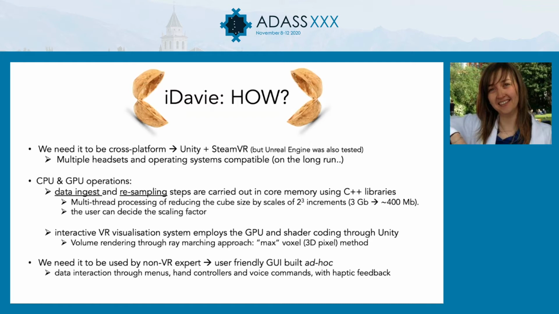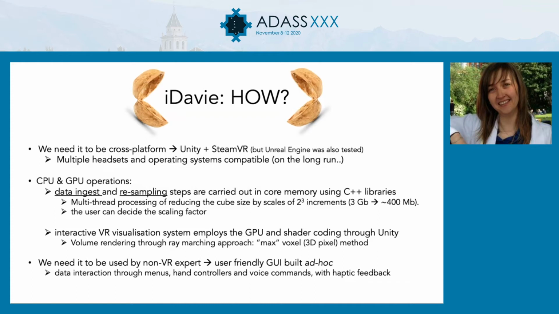It implements both CPU and GPU operations in hopefully a clever way to optimize efficiency. The data ingestion and resampling of the data is developed in core memory using C++ libraries. It needs to do resampling in most cases, because to improve efficiency when you deal with big data sets like data cubes in astronomy, you need to be able to visualize very large data sets without having frame problems.